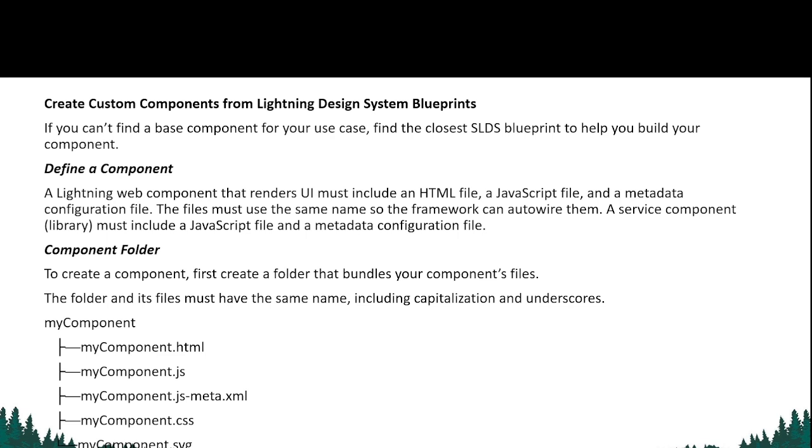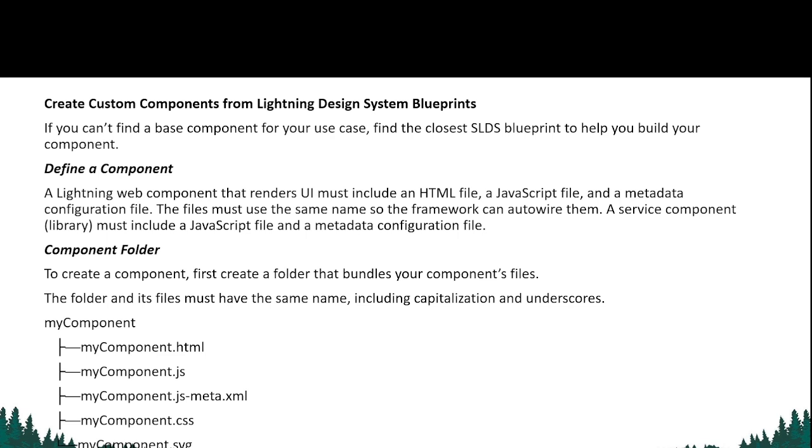Now these files must use the same name so the framework can auto wire them. The service component, or the values or the metadata or the library of the components, will include a JavaScript file and a metadata configuration file. Now we have the different component folder. To create a component, firstly I'm creating a folder that is bundling your component files. Then the folder and its files must always have the same name, to avoid confusion.